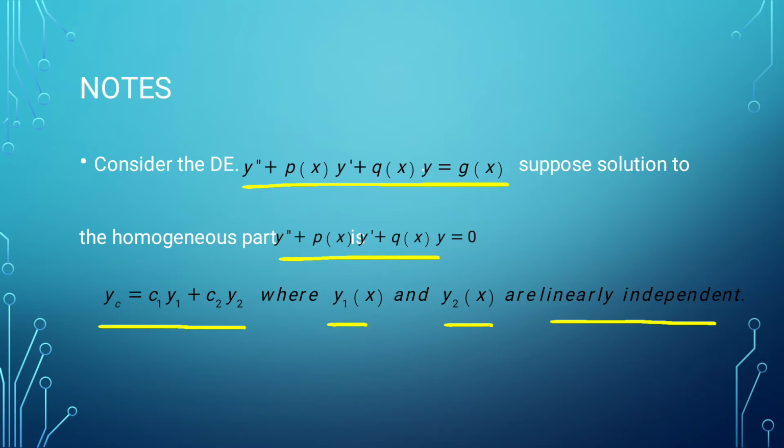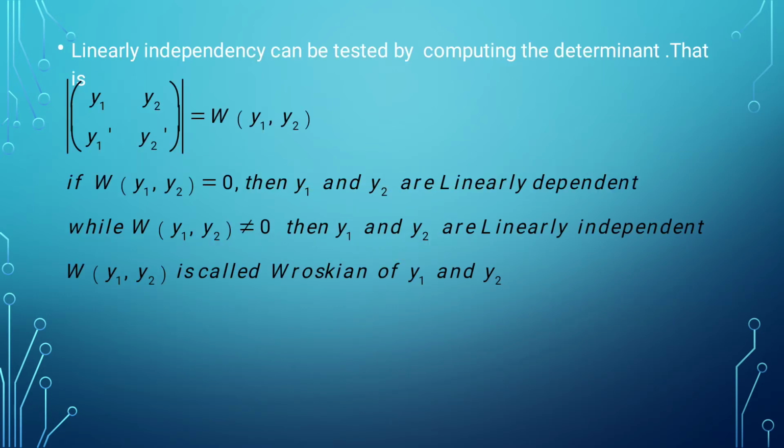Independence, in this method of variation of parameters, is very key. So you have to know that y1 and y2 must be linearly independent. How do you test for linear independence of y1 and y2?